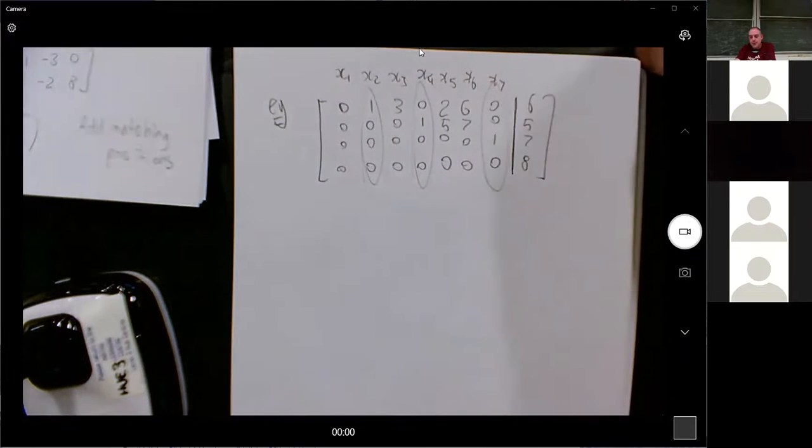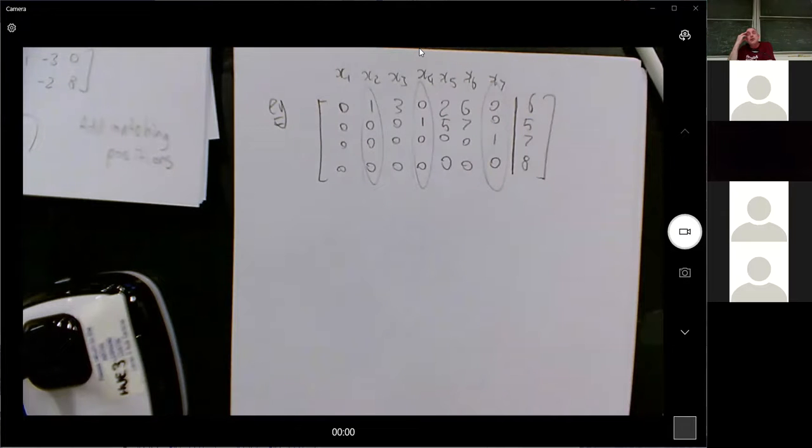Okay. Tell me something you notice about this. You tell me it doesn't have a solution. Does everyone agree? Lots of people agree. Why? Someone who isn't you, why does it not have a solution?